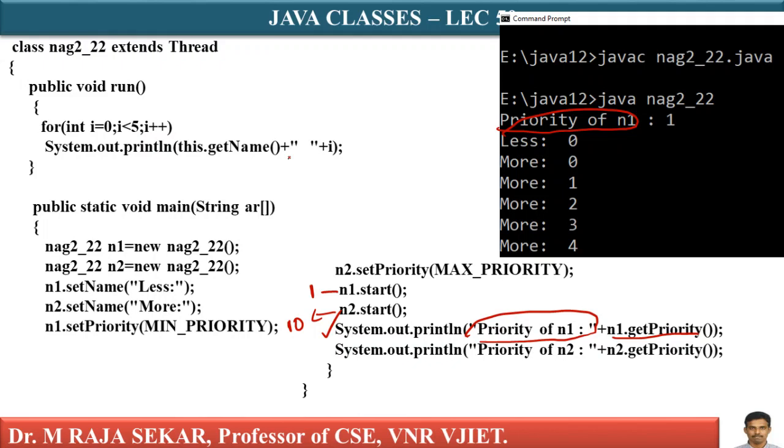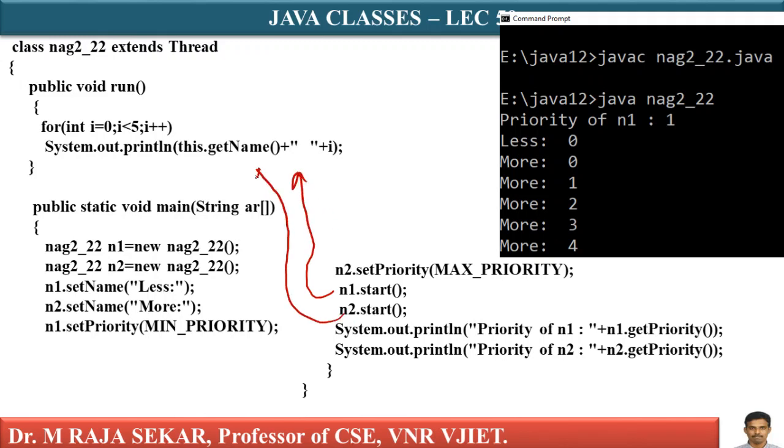Let me repeat: N1.start means it will go to the run method. N2.start will also go to the run method, but before executing the run method, System.out.println priority of N1, you will get the priority of N1.